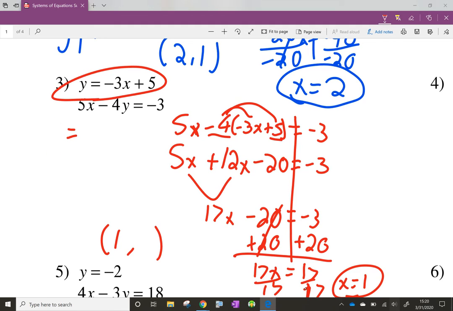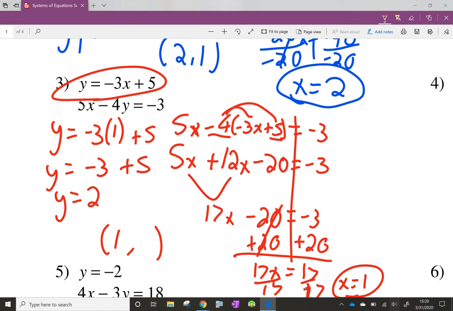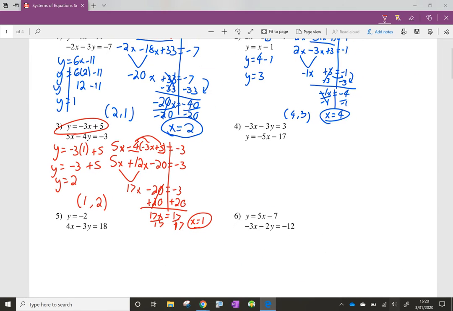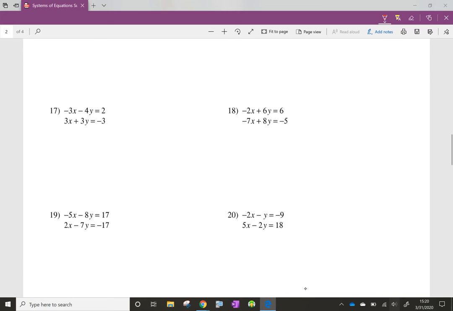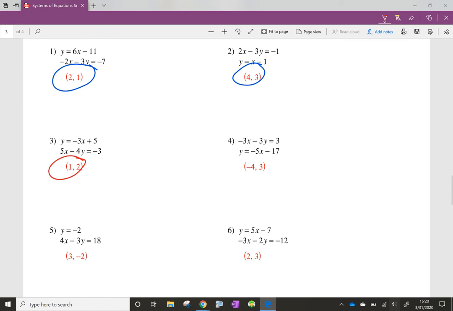So we have y equals negative 3x, but x is equal to 1, so negative 3 times 1 plus 5. So when I work it out, negative 3 times 1 is negative 3 plus 5. Negative 3 plus 5 is 2, so y is equal to 2. So our answer is 1, 2. Again, let's scroll down, check to see that that is right. 1, 2, right? Perfect.